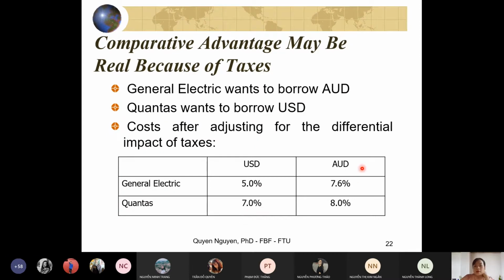While for Australian dollars, GE will be offered 7.6% and Qantas will be offered 8%. Now, with the same comparative advantage argument, tell me, who is going to have the comparative advantage in what kind of currency?